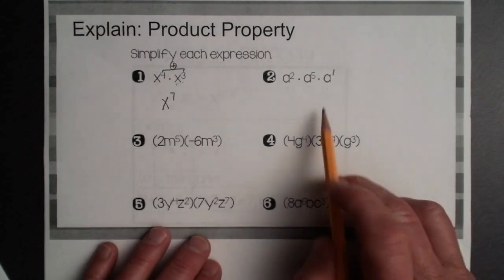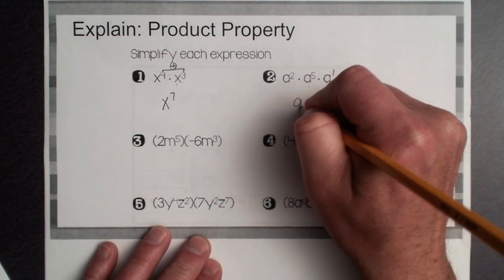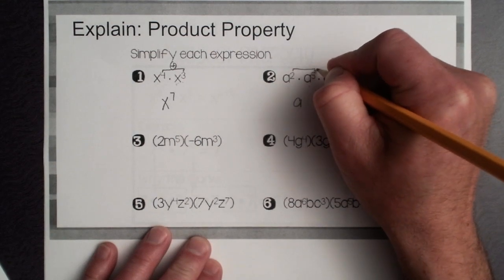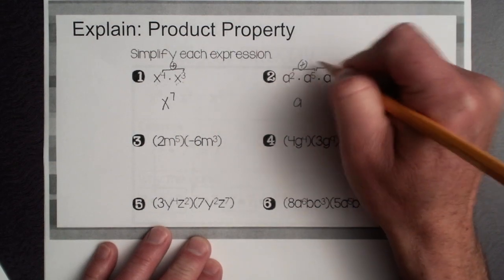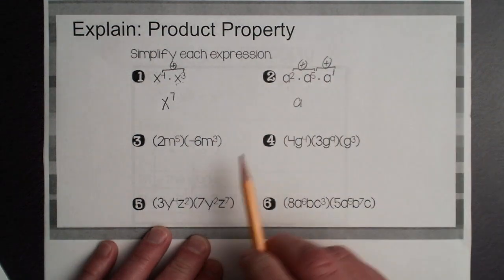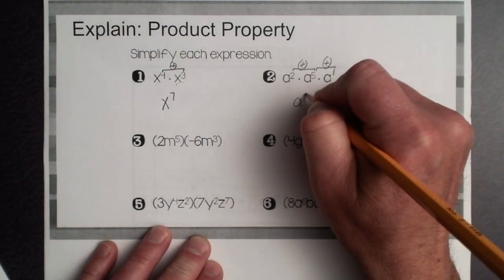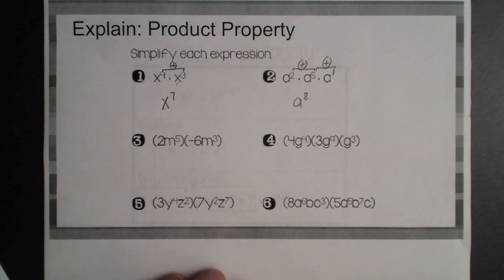So my a is going to stay the same, and then I'm going to add my exponents. So 2 plus 5 is 7, plus, don't forget that 1, is 8. Now why does that work?